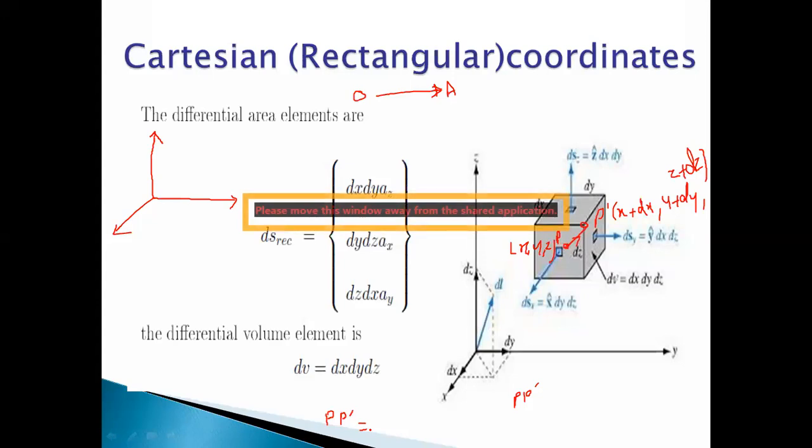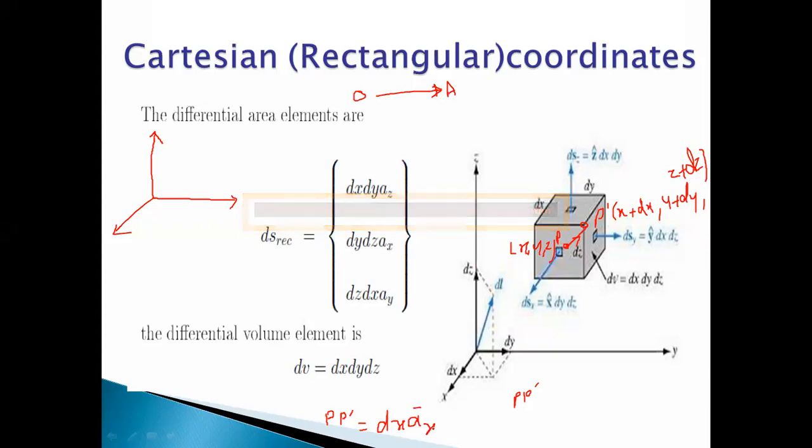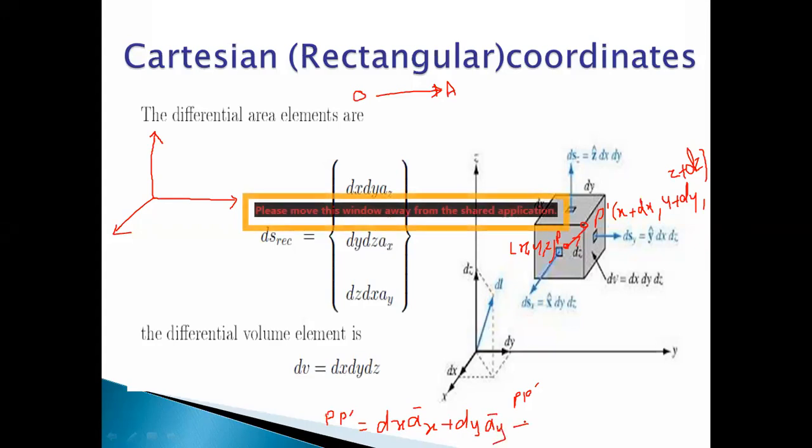Can you find or not? Okay, so for the first point, P dash minus P, x plus dx minus x, it is dx into unit vector a bar x, plus dy a bar y, plus dz a bar z. Is it right?